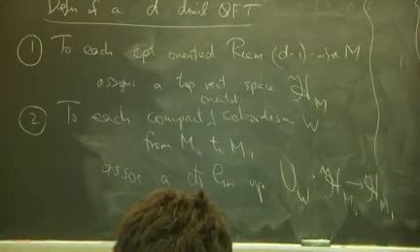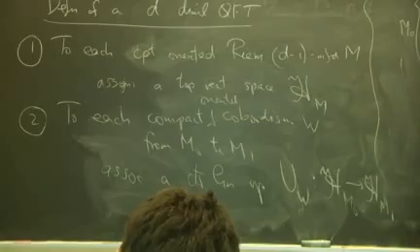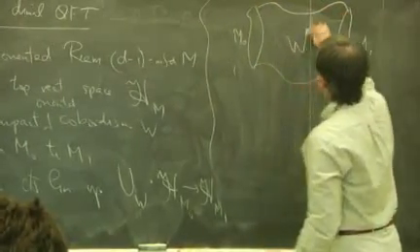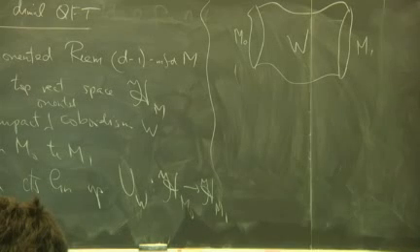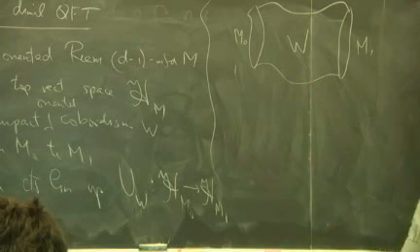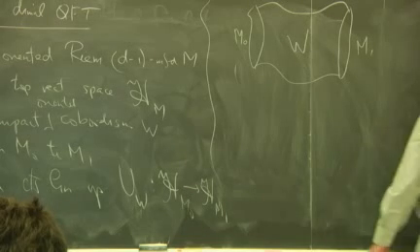So, thinking of this cobordism M0, M1, and a piece of space-time W intervening between them like that, this is meant to have some Riemannian or Lorentzian structure. I'll come back to that in a second.